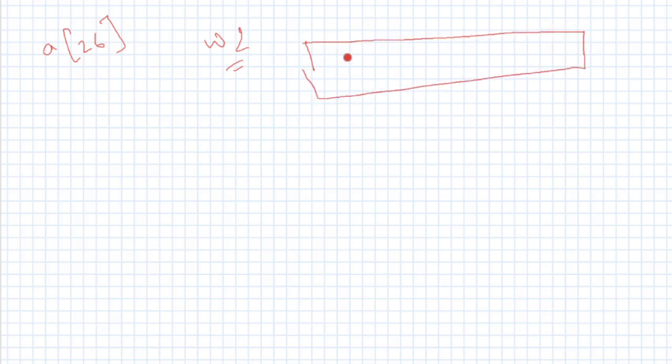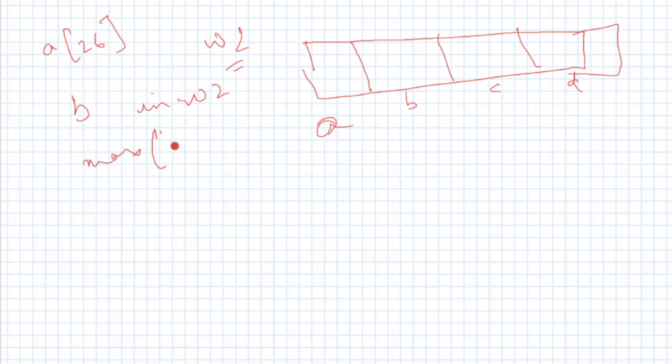For every word in word 2, maintain a count, and that count should be that, let's say we have B in W, so max of that particular alphabet, let's say this A of I, and the max occurrence for that particular element, so that should be the value of this particular element.